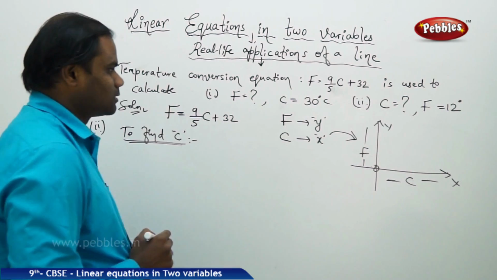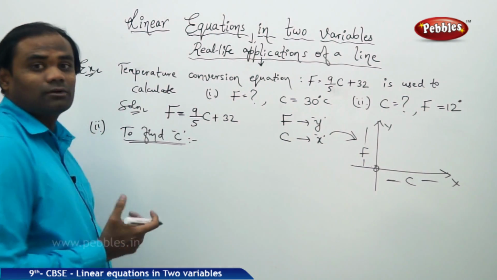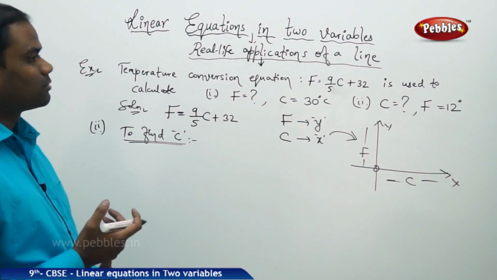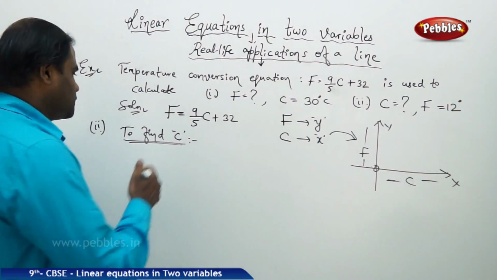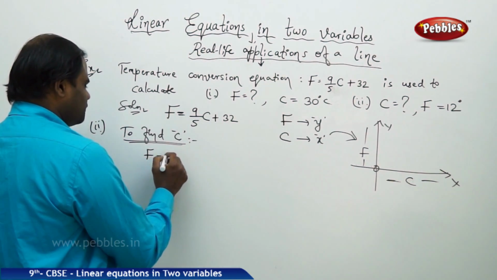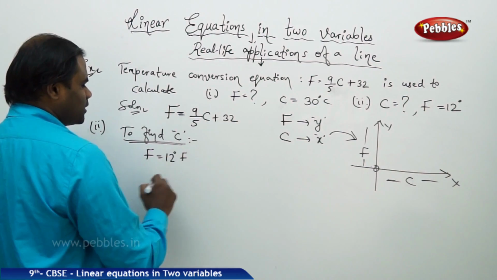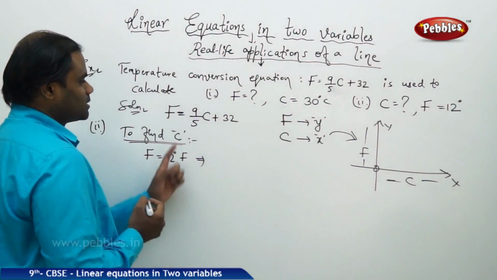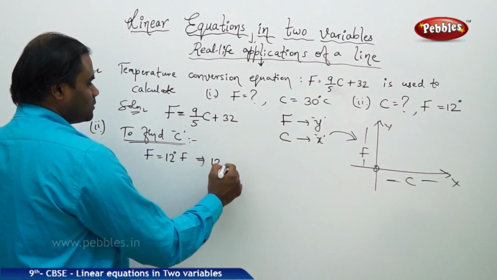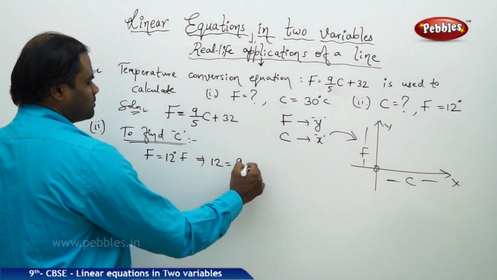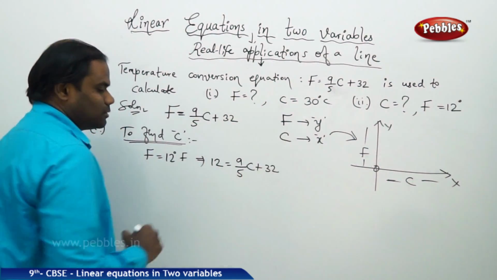So to find C, let's see how we can find the centigrade temperature for the Fahrenheit. F is given to be 12 degrees Fahrenheit. That implies when I substitute into the given equation, 12 is 9 by 5 times C plus 32.